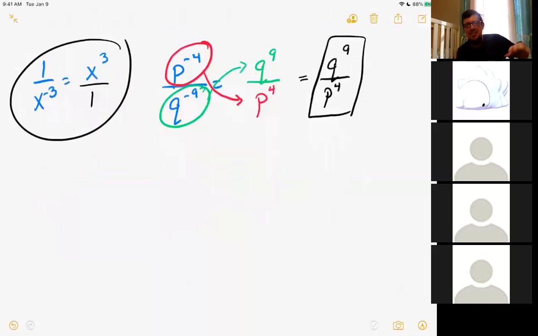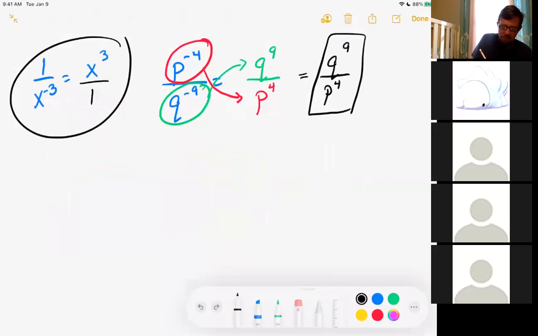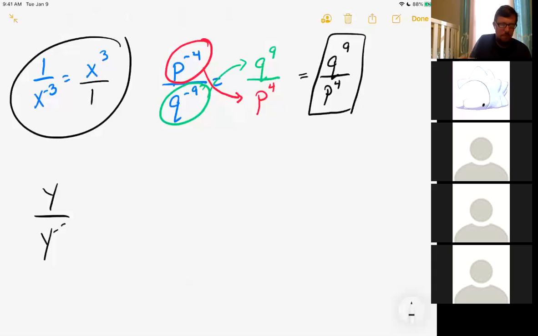Now, that last one with the p and the q, they had different bases. What if they're the same base? One of the ways you can do this is by using the quotient property we learned, which says whenever you're doing a quotient, you just subtract the exponents.